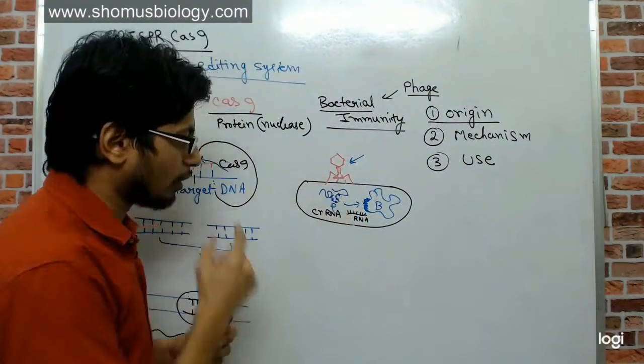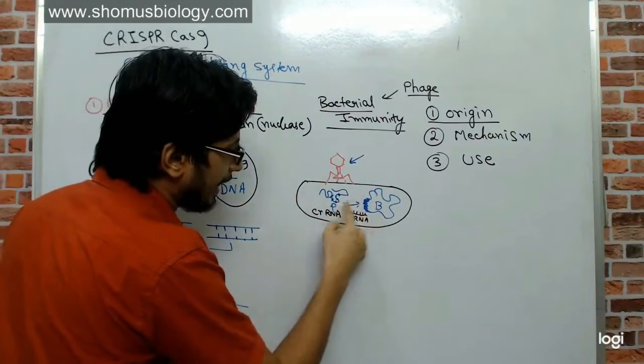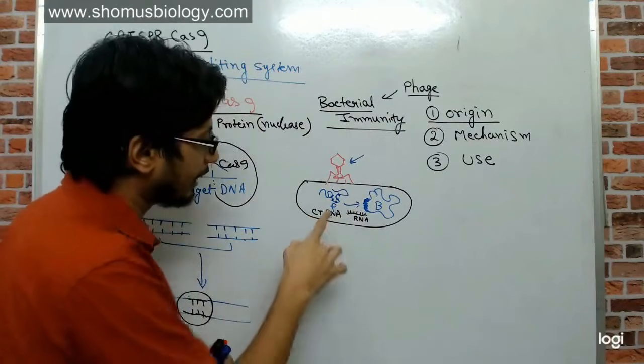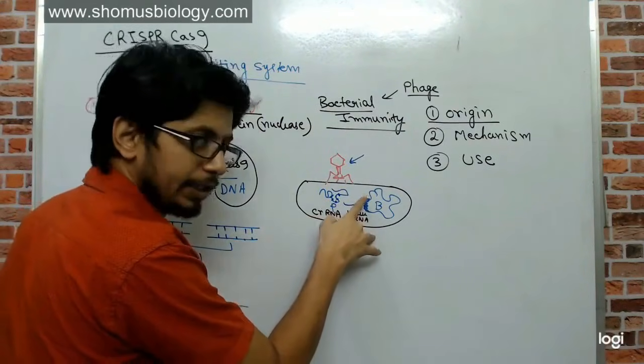Try to understand this concept very clearly. We know that the viral region that is coding for the CRISPR RNA is attached to the bacterial chromosome.